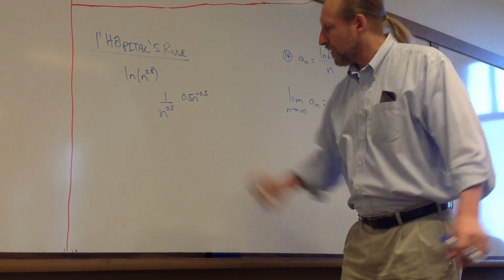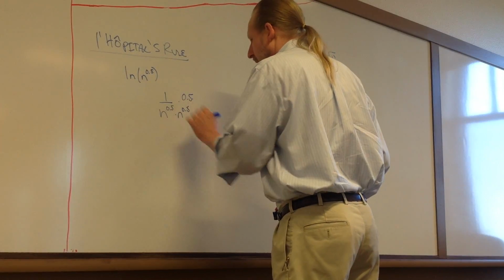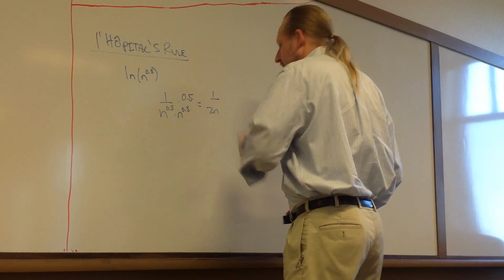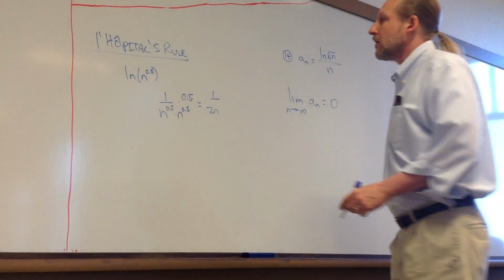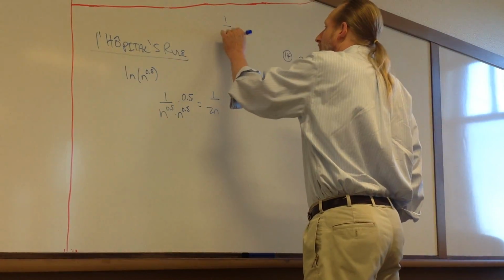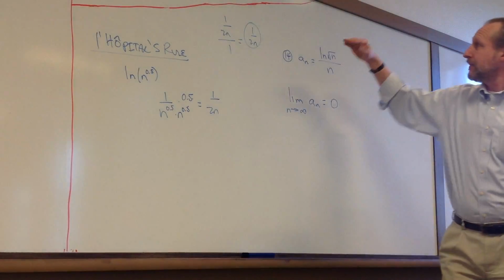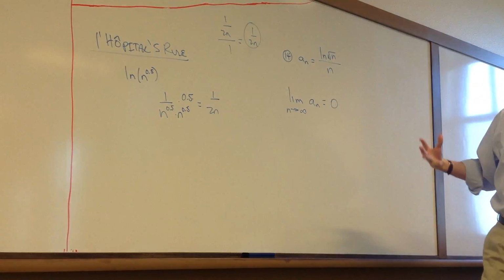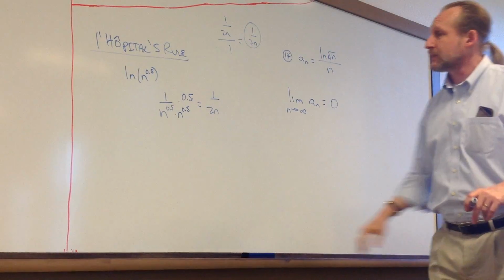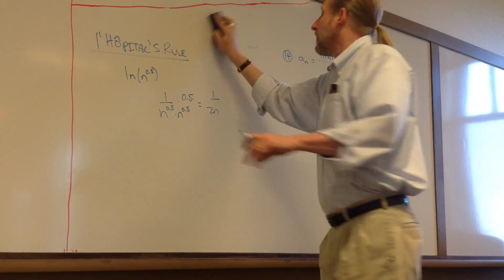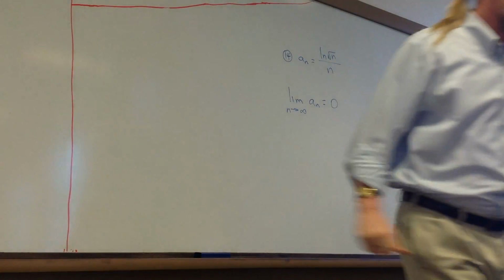So that minus 0.5 is going to put this back under there. And so this is actually 1 over 2n. Okay? And then the derivative of the n is 1. So if we take the limit of the derivative of the top over the derivative of the bottom, you can see that that does go to 0. So L'Hopital's rule is helpful to us here, and we can fall back on that in this problem. All right, let's see what else here.